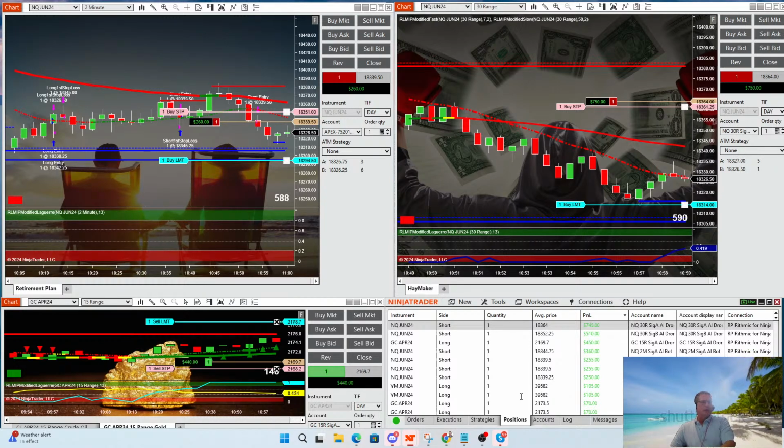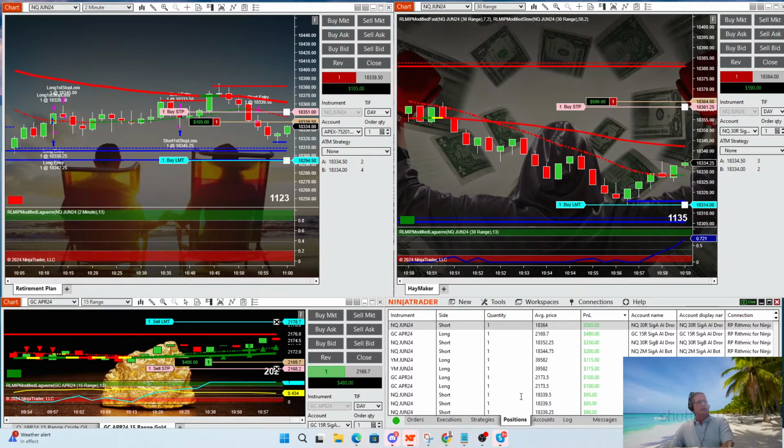This is the drone that's in this trade. The 30 range, no, the 30 range signal B is the trade on the right.